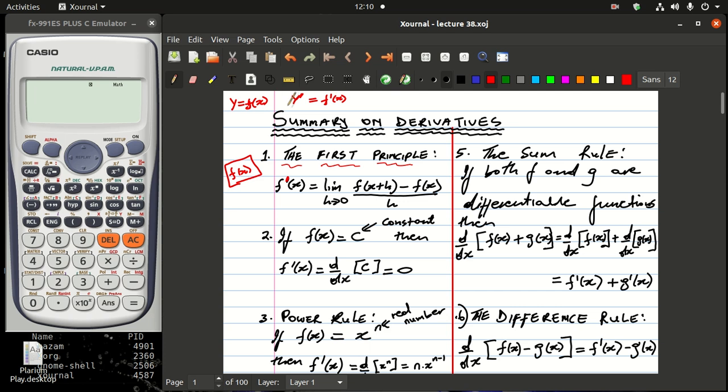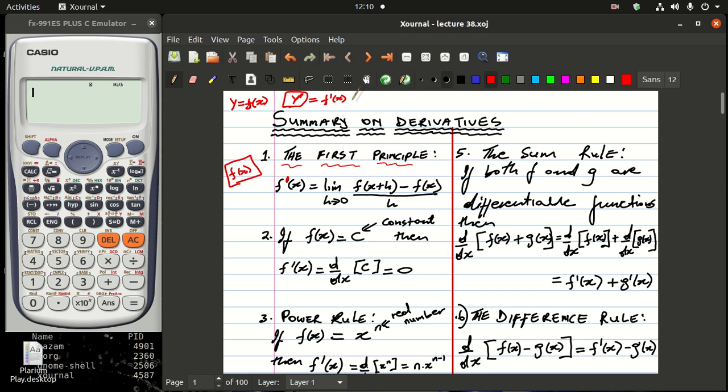So I want you to get used to this notation. y prime is the same thing as f prime of x, and that is just the first derivative, or the slope of the tangent line that is touching the curve f at point x.